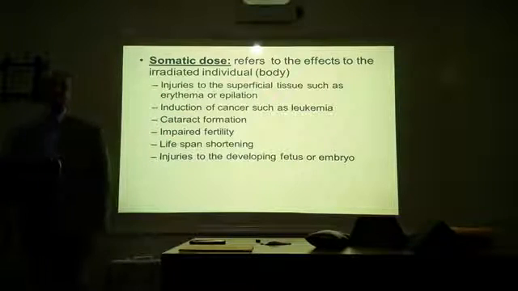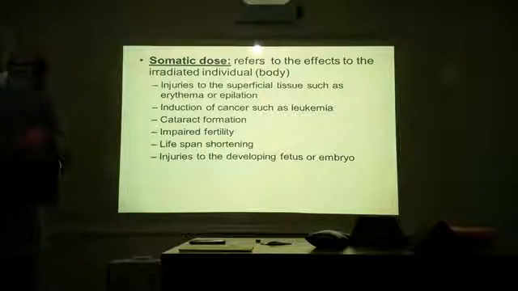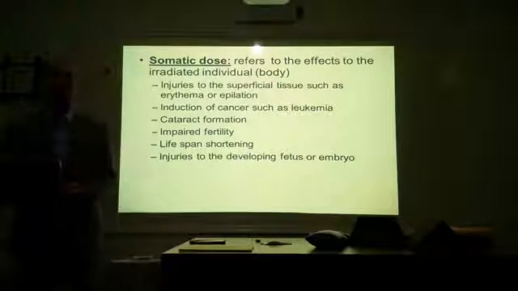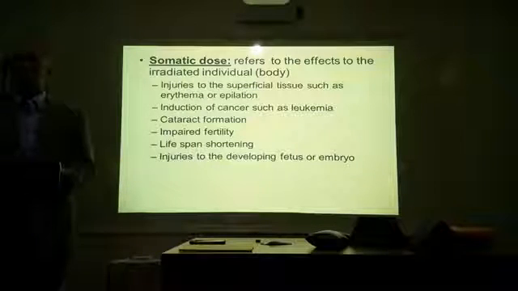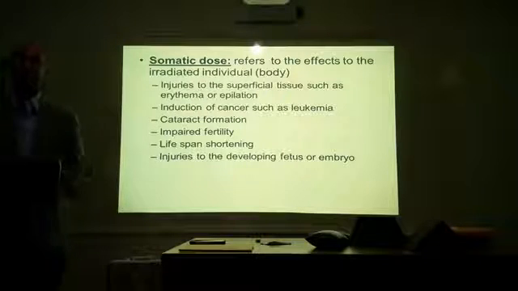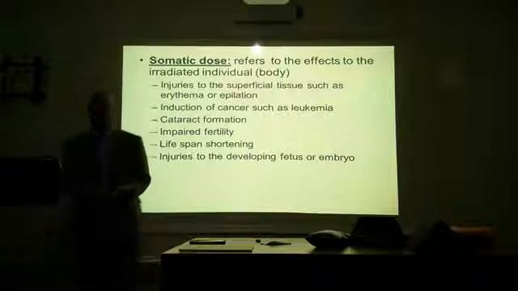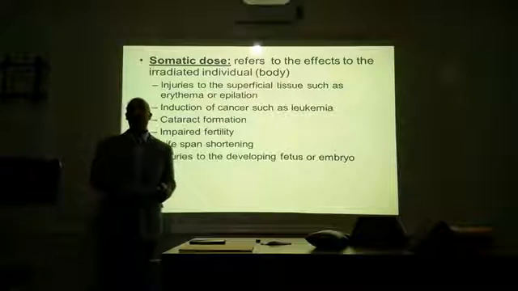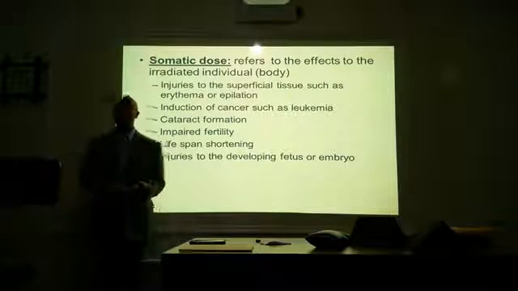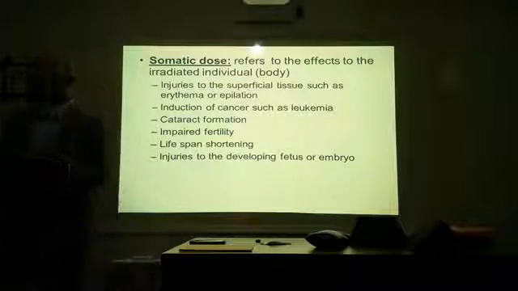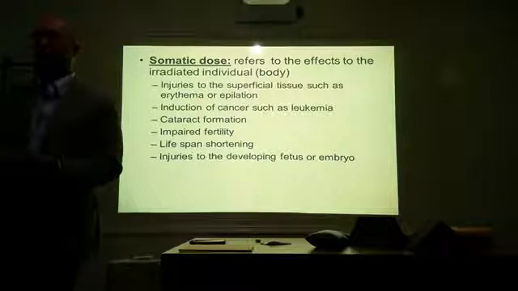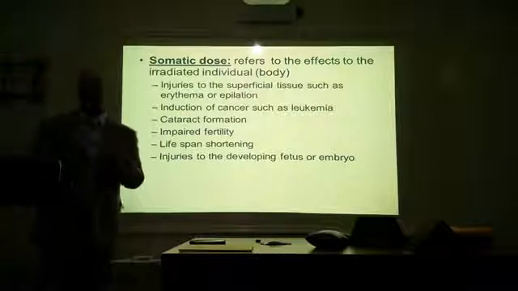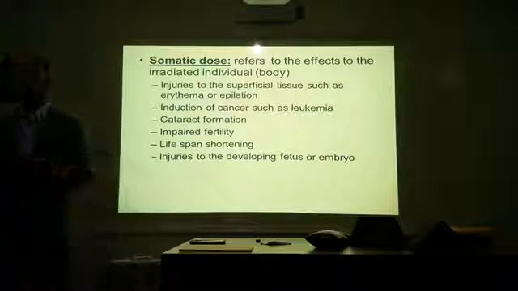Based on large exposures with early radiologists, the scientists, Hiroshima, the atomic bomb, the Marshall Islands, Chernobyl. We know this from studying mass populations who have been exposed to very high radiation exposure. But again, we are dealing with very, very low doses.